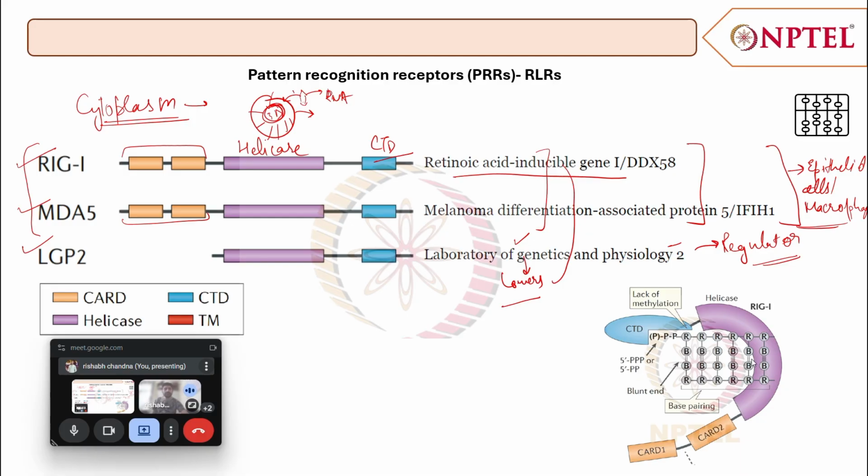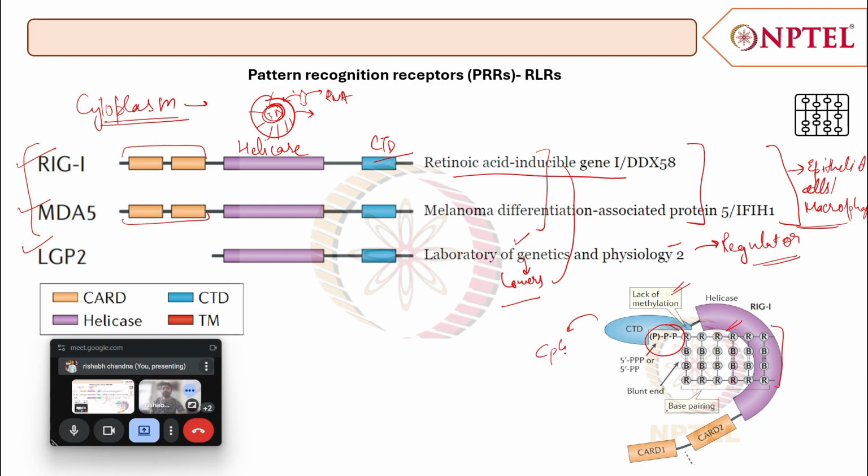Helicase is the site where it can easily recognize the double stranded region of the RNA, basically the base pairing. The CTD recognizes the endpoint, the 5 prime phosphate group of the viruses, the free phosphate group, where it lacks methylation.